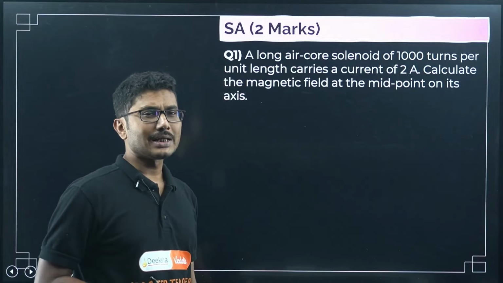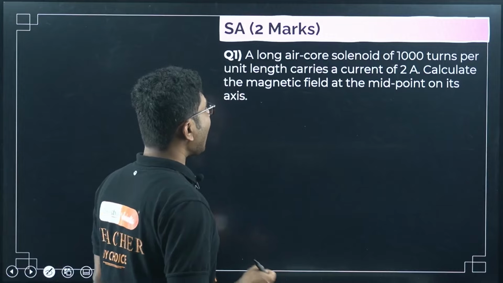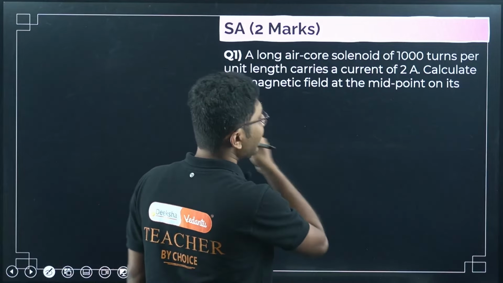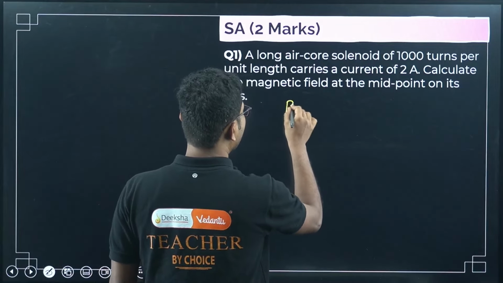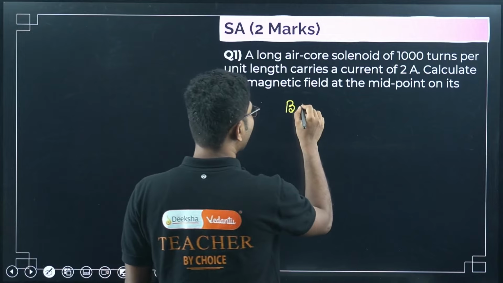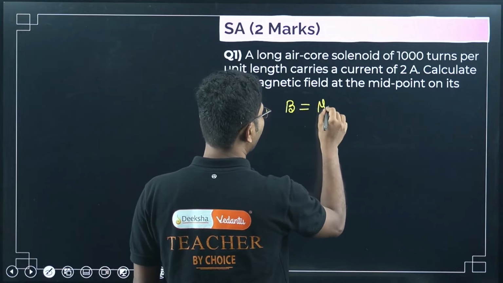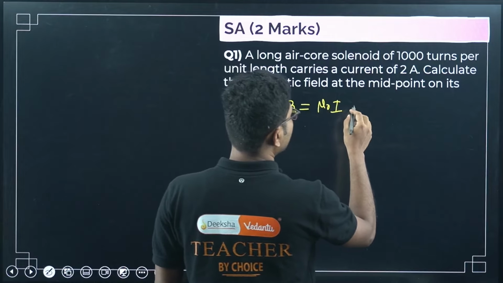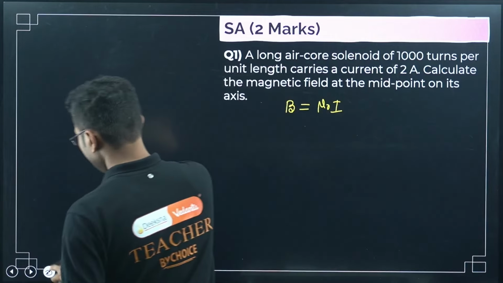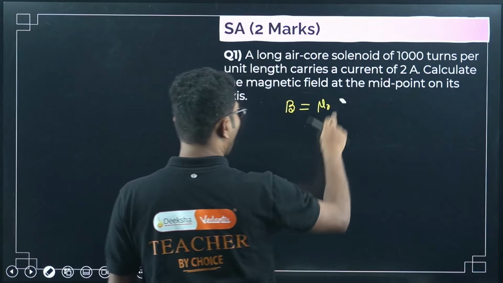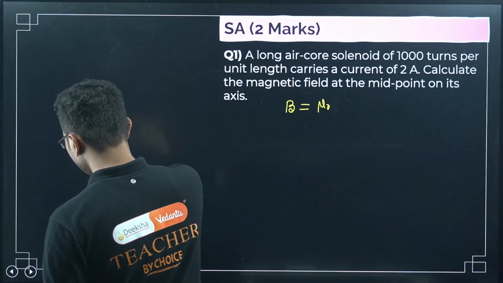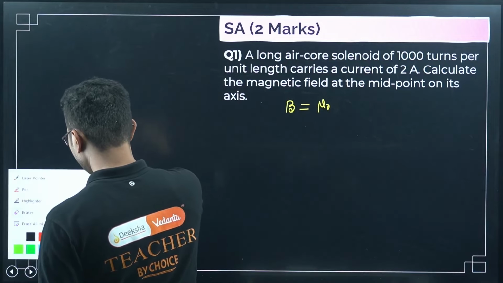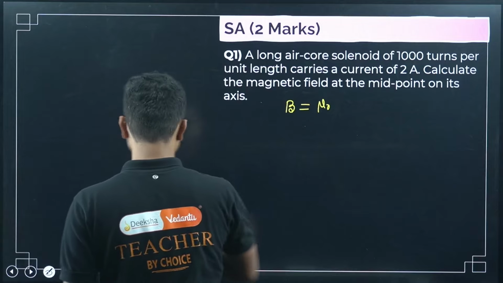Okay, so what is the question? A long air core solenoid. Basically we know that the magnetic field at the center of a solenoid is given by mu naught nI. For one coil, one turn, it is mu naught I. For multiple turns, it is mu naught nI.